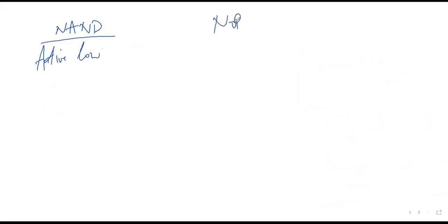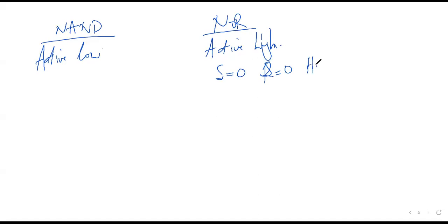If an SR latch is made up of NANDs, I said it is active low. If it is made of NORs, it is active high. It means here when S is equal to 0, R is equal to 0, this is your hold.